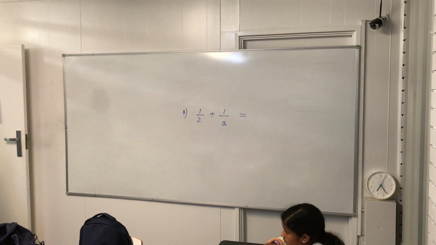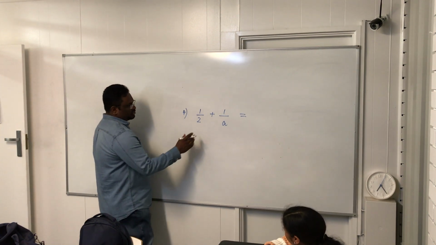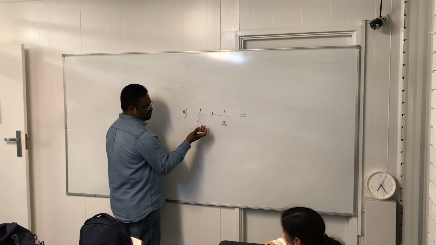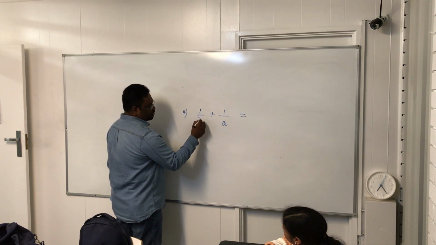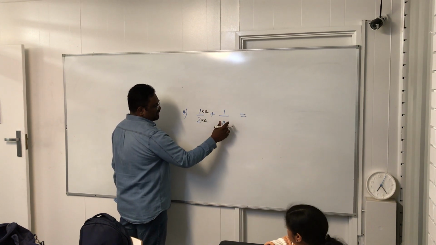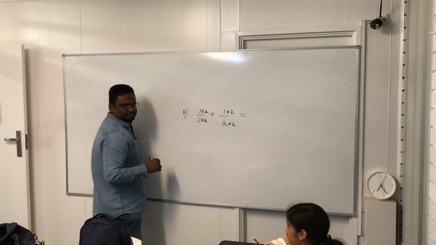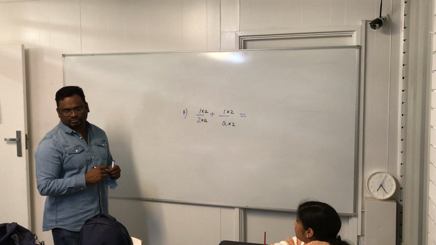Yeah. 2 plus A over 2A. Okay. So here you can't add, you have to get the common denominator. You multiply this by this number, A. You do the same thing on top. You multiply this by 2, top by 2. Right?